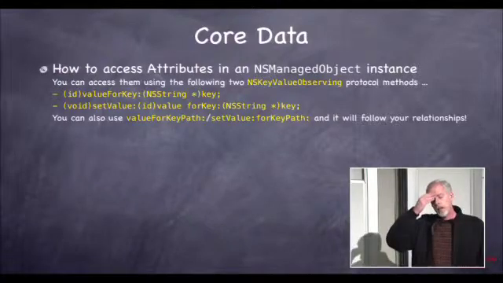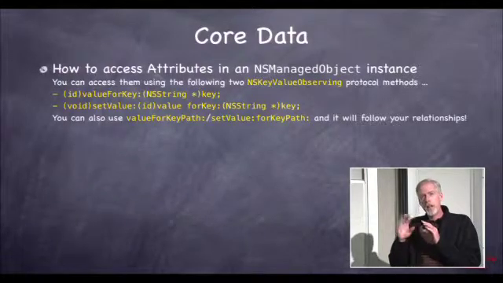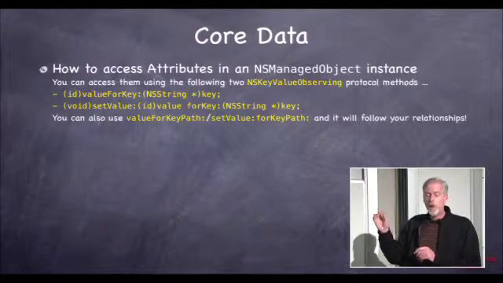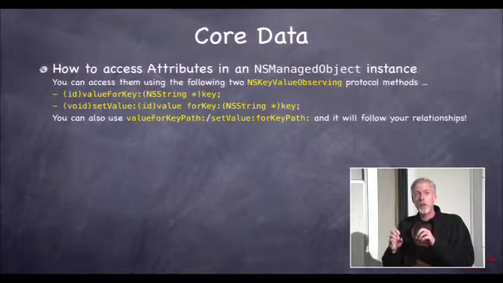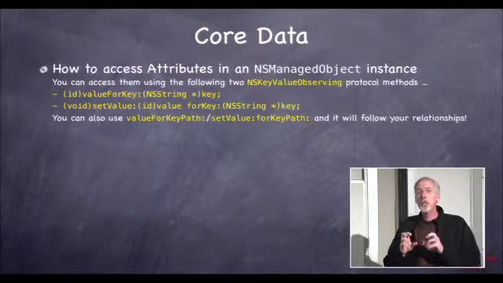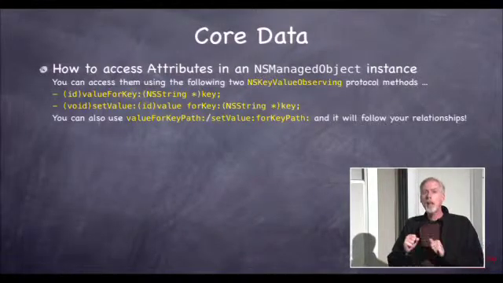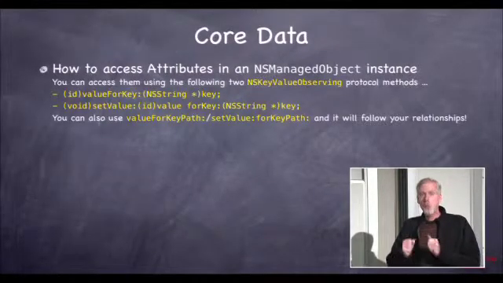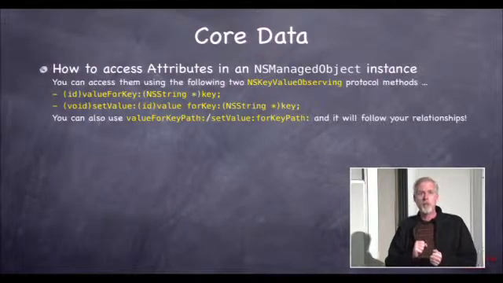Now, I'll take a little aside here. I'm not going to have a slide on this, but the NSKeyValueObserving protocol, you notice, has the word observing, and yes, you can actually observe property setting and getting in any object that supports this protocol, for any of its properties, okay?